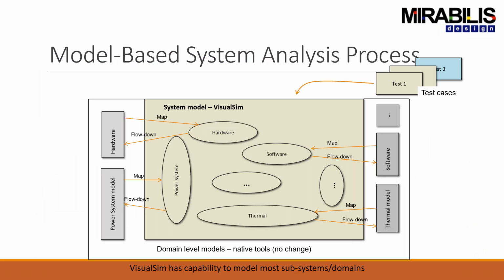Now, going back to the UAV model that we had, we bring up this concept of a model-based system analysis process. So what happens today in most of these model-based system analysis is that you tend to have a flow diagram with a use case using UML or SysML, and then you run a variety of formal analysis on it to try to gauge where my bottlenecks are going to be in terms of the functionality.